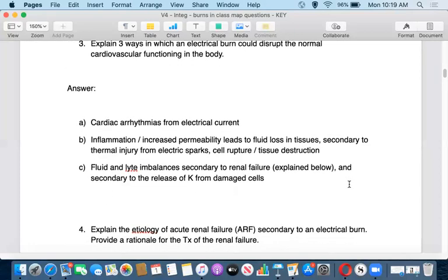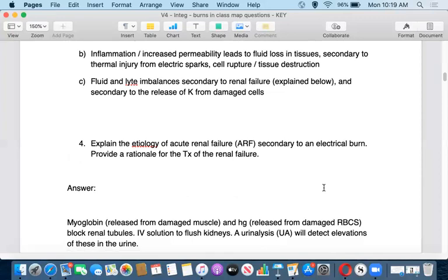Finally, question 4, the etiology of acute renal failure secondary to an electrical burn. We kind of talked about this already, but we'll go into it again. Whenever you have muscle damage, any muscle damage, myoglobin is released.